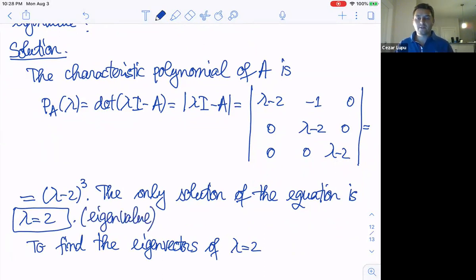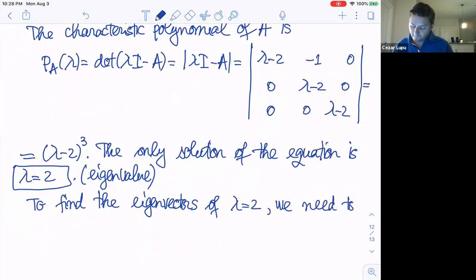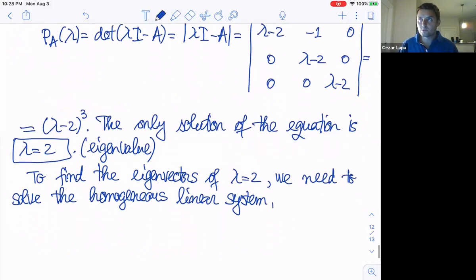To find the eigenvectors of lambda equals 2, we need to solve the homogeneous linear system, so it will be lambda I minus A, which in our case will be 2I minus A, multiplied by the vector x equals the 0 vector, right?